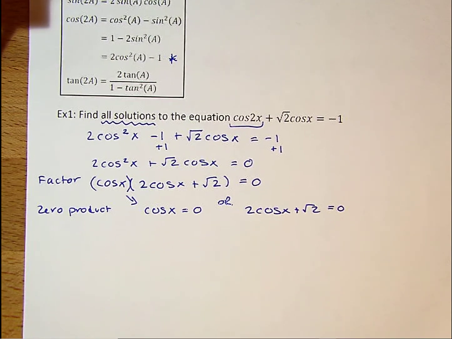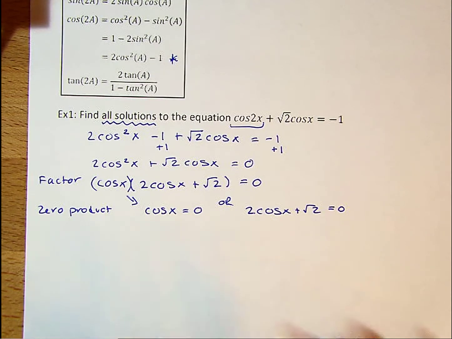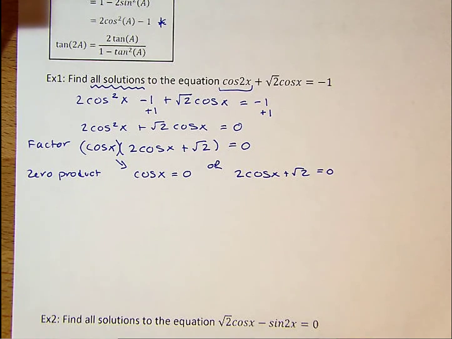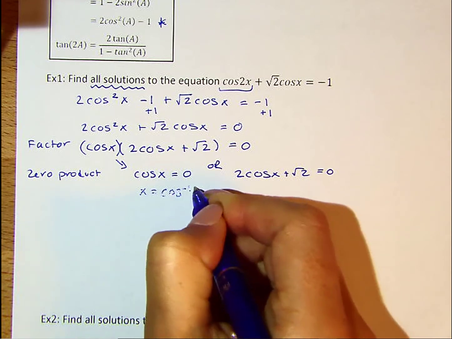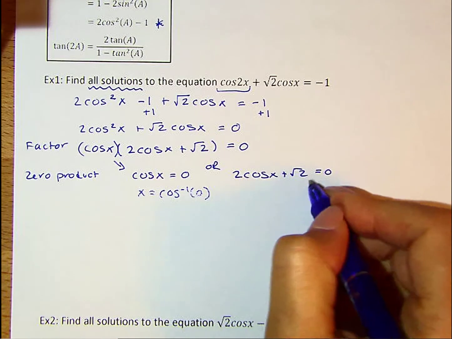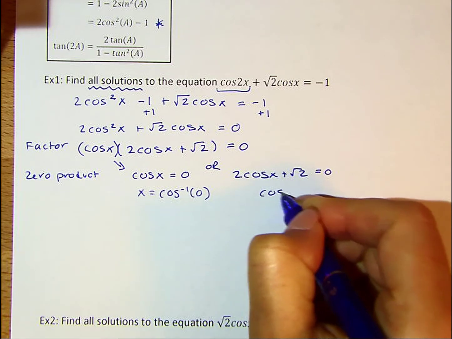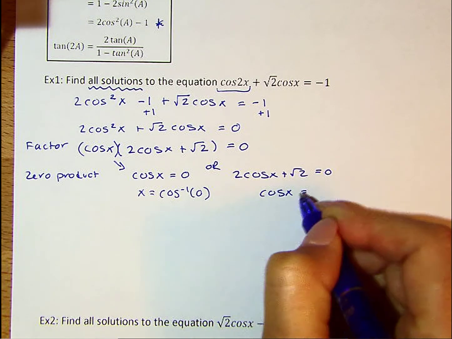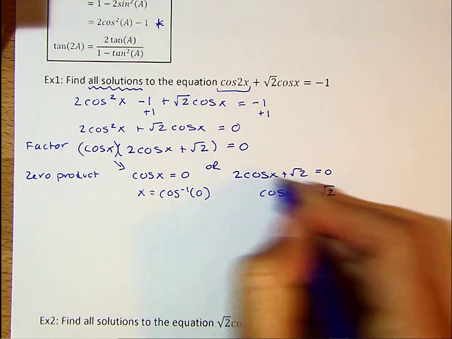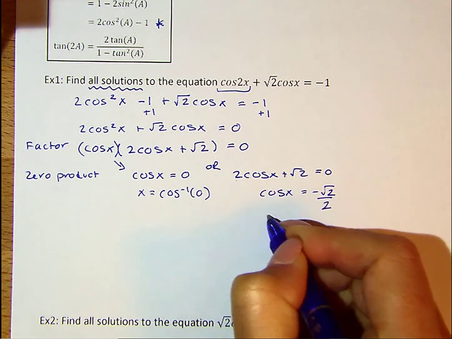And then individually, I take each equation and isolate x. I bring the root 2 to the right-hand side, so it's going to become negative, and then I divide by 2.